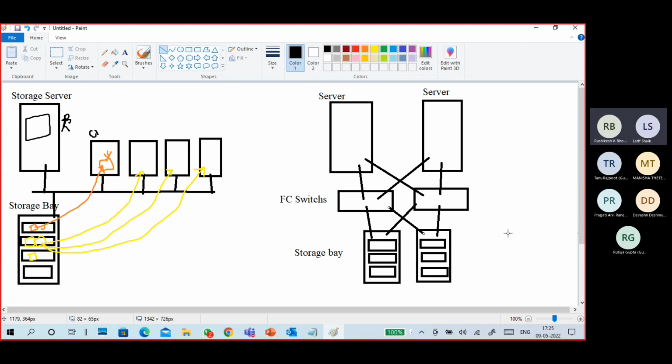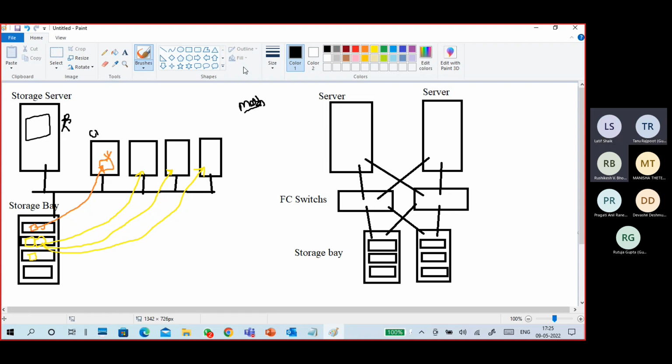Every device is connected to every other device. It's mesh topology. Very good. What is a mesh topology? Every device is connected to all other devices. Same mesh topology we implement here.